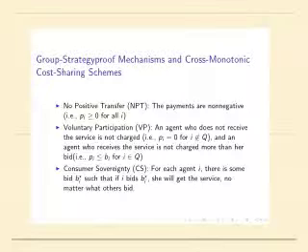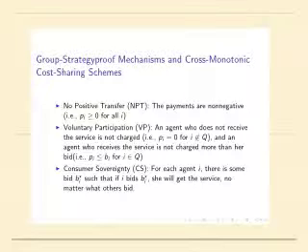Given a cross-monotonic cost-sharing scheme C for the cost-sharing game (A, C), we define a cost-sharing mechanism M of C as presented in Figure 15.2. The following proposition provides an alternative way to view the mechanism M of C. Proposition 15.15.